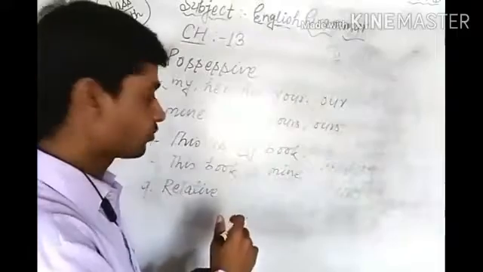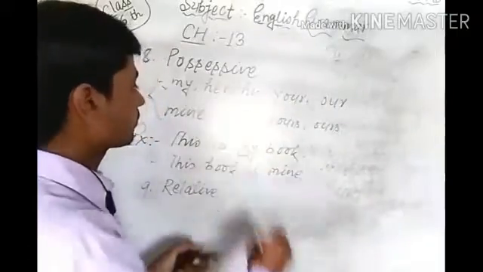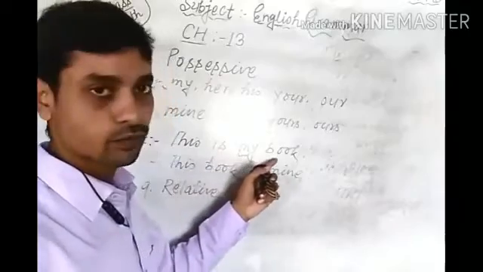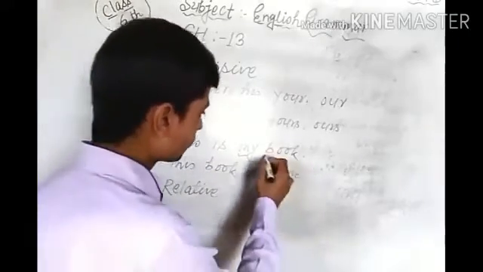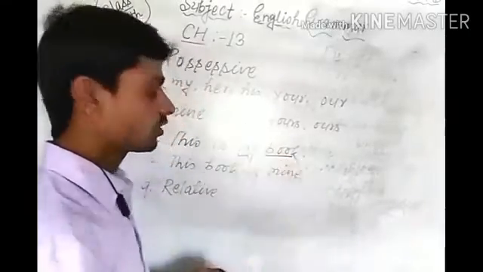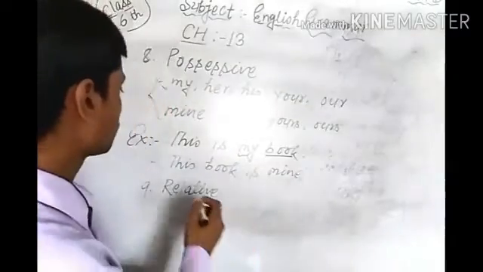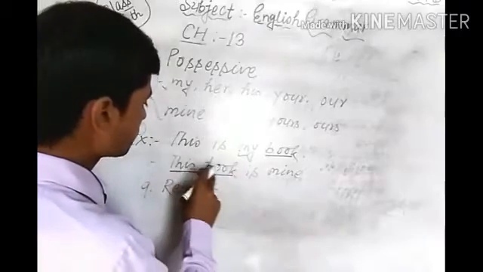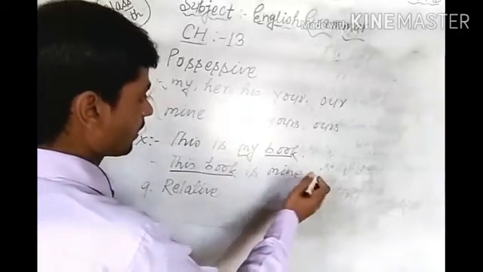Look, in this sentence book is the noun here and before that the word my is used. If you have to write the sentence as, this book is mine.